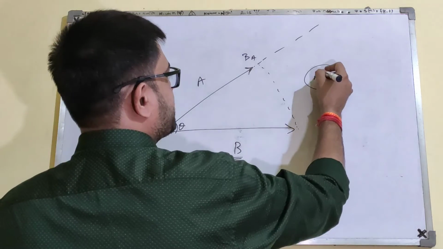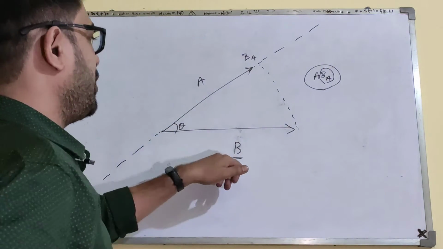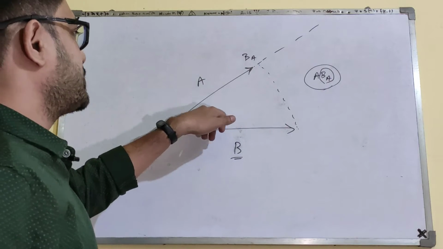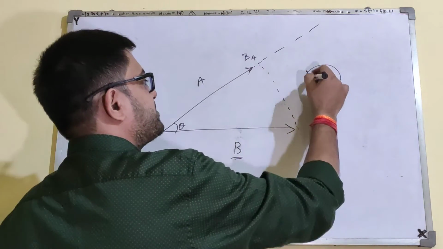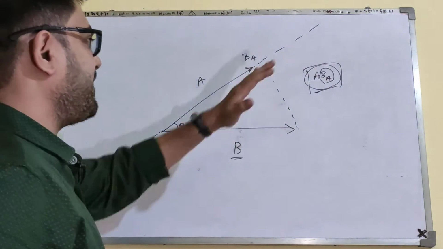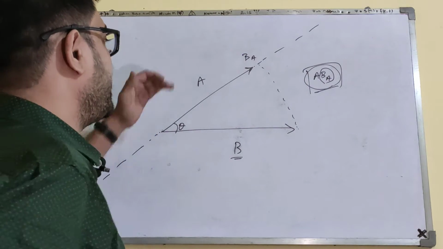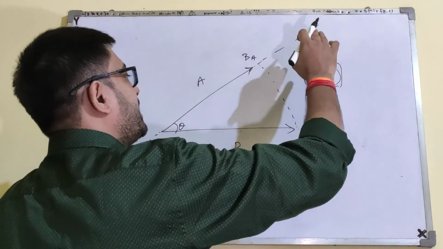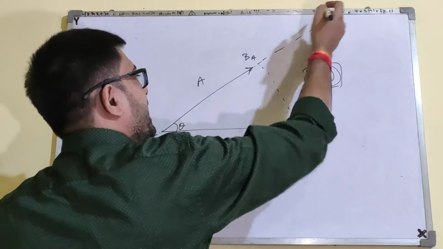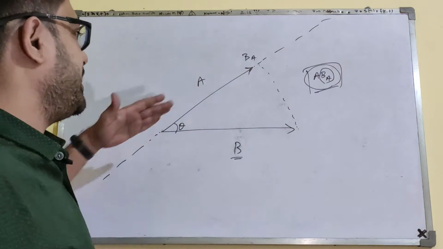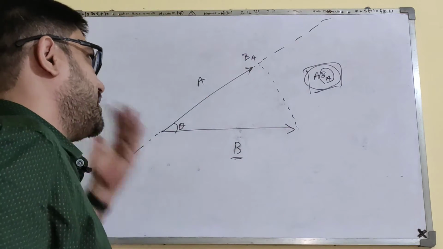So basically B_A is the scalability that B offers to A by virtue of its angle theta. So the net product will be A times B_A, and after the scaling, the vector which was initially A now becomes A B_A, but in the same line of action. So we are only concerned about the scaling. We know the direction would be along the line of action, so directionality does not matter.